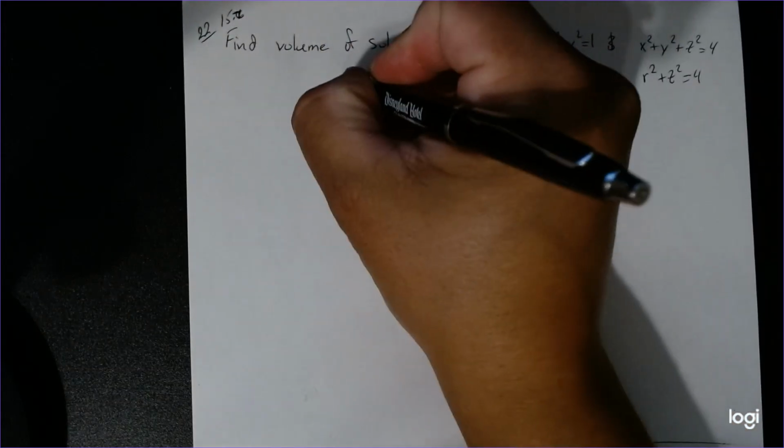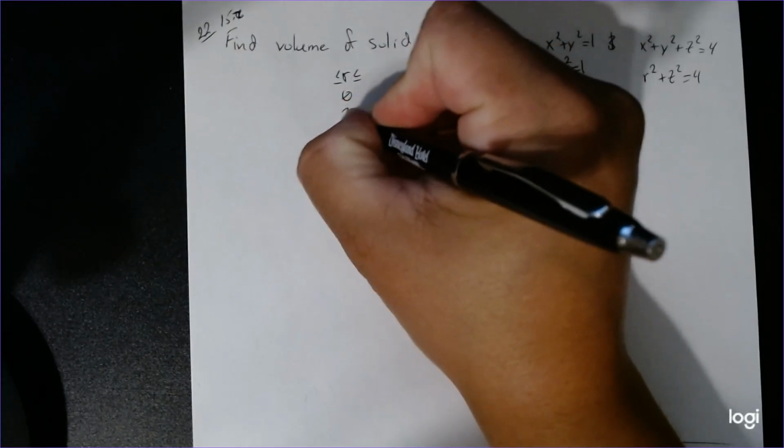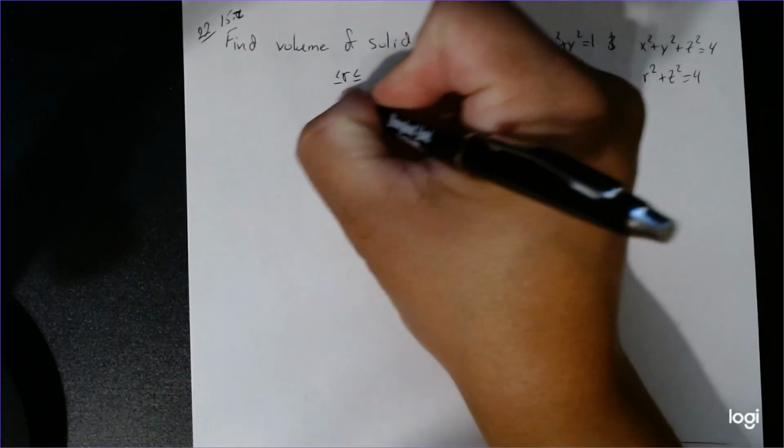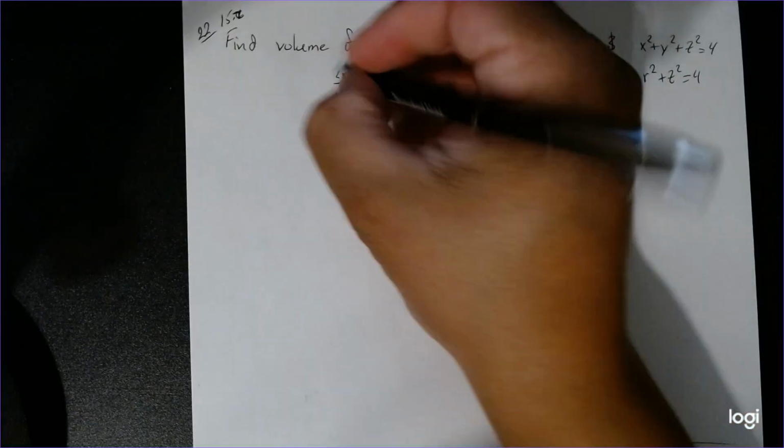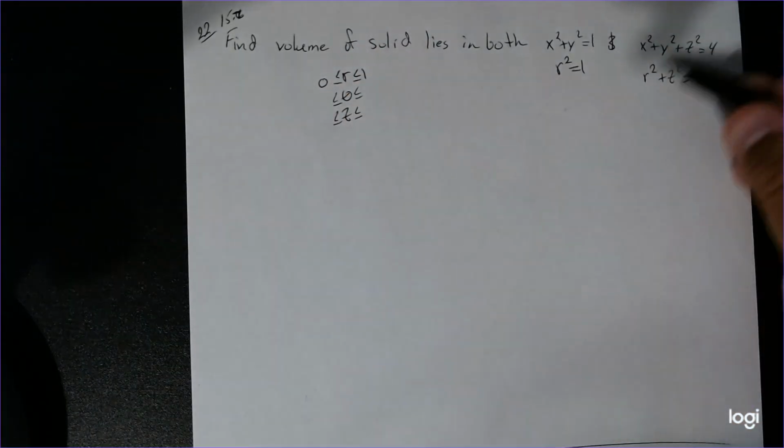So we know r is bounded between 0 and 1. And here we have to solve for z.